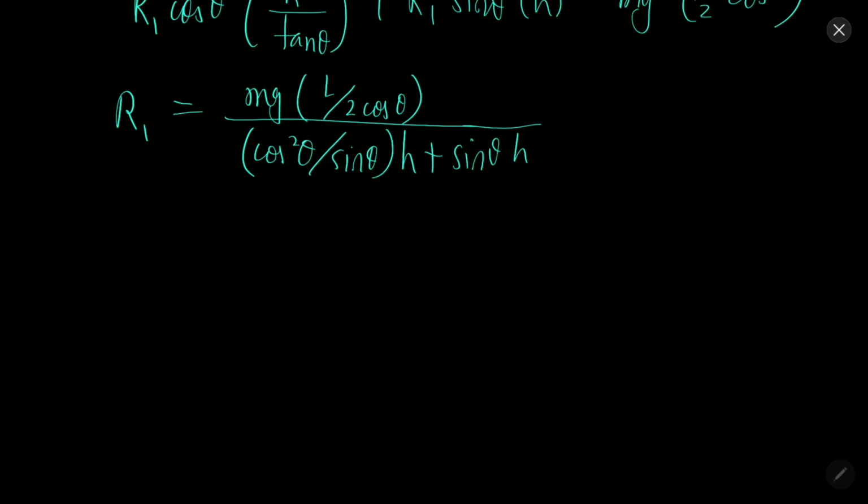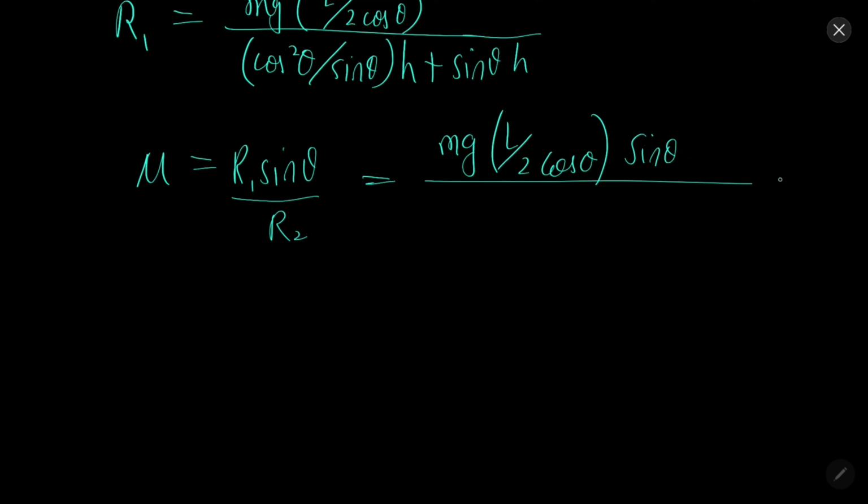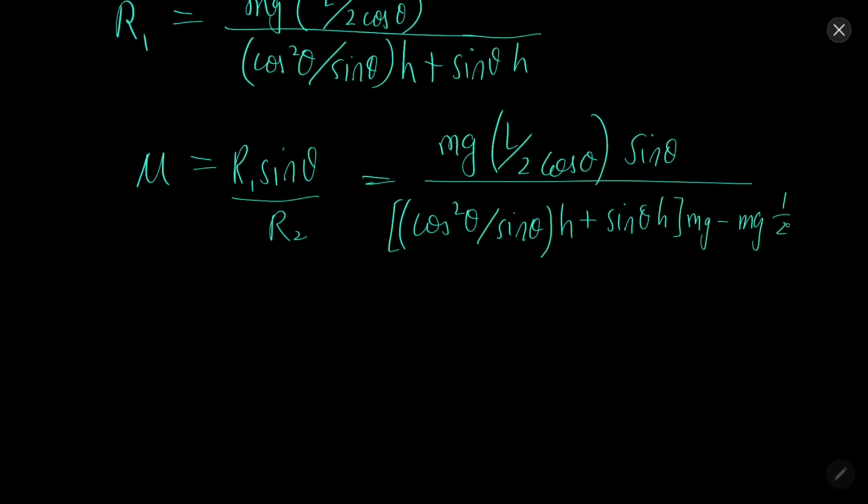Now we know that mu is R1 sin theta over R2. So putting all the values, mg L by 2 cos theta into sin theta over cos square theta over sin theta into h plus sin theta h into mg minus mg 1 by 2 cos square theta.